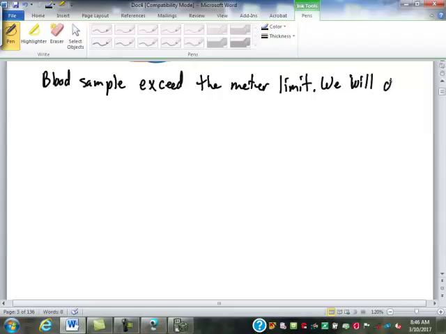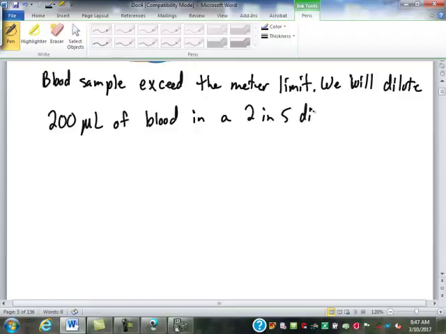So we will dilute 200 microliters of blood in a 2-in-5 dilution.